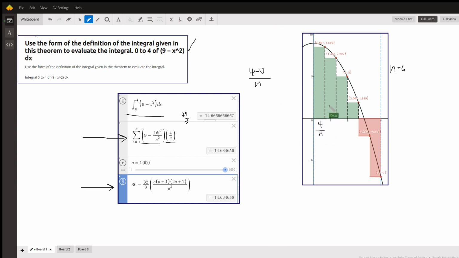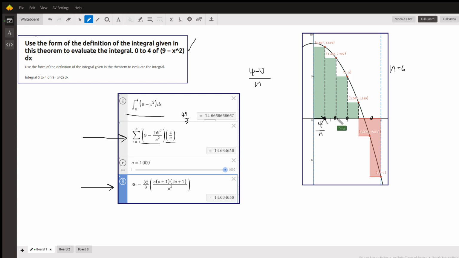And we're using right-hand endpoints here, which means we want the x-coordinates of these points right here, and we want to plug them into the function. So if we start at 0 and move one width to the right, the x-coordinate of this point is 4 over n.